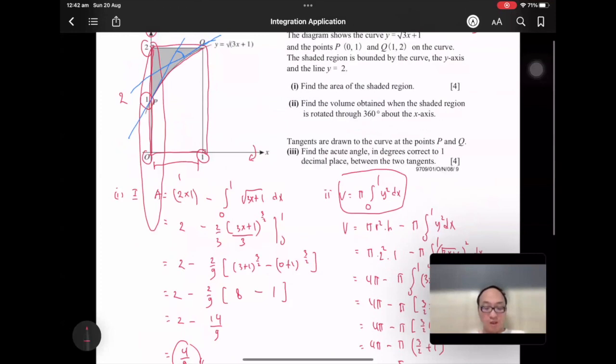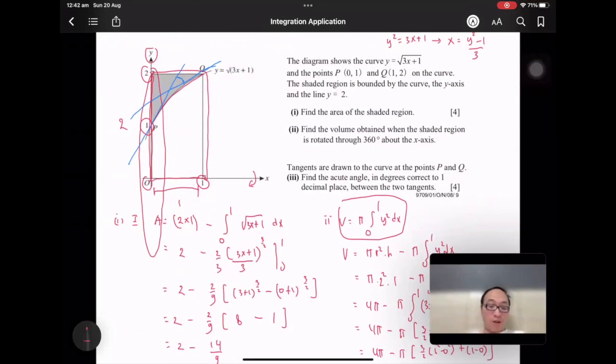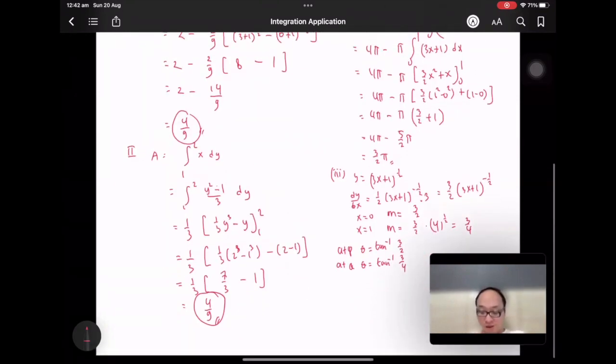So to find the acute angle between the two tangents, we just deduct the angle theta 1 and the angle theta 2. So the acute angle theta will be equals to theta 1 here at P, tangent inverse 3 over 2, minus theta 2 here, tangent inverse 3 over 4.